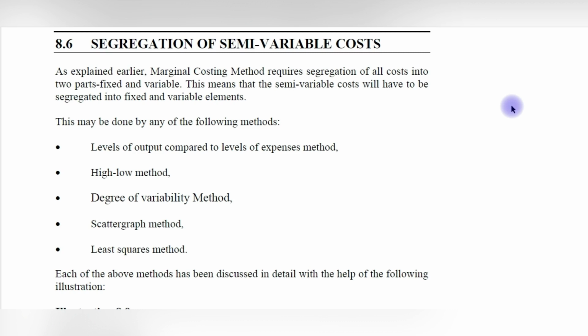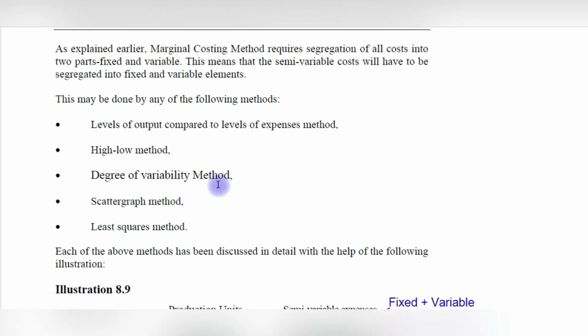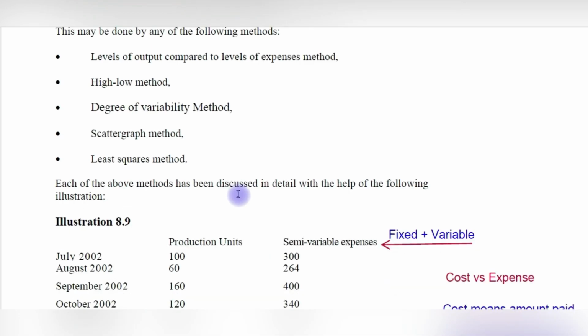We are going to study those methods in this video. Here, 5 types of methods are there: levels of output compared to levels of expenses method, high-low method, degree of variability method, scatter graph method, and least squares method. These are the methods which are used to identify the variable component of the cost.